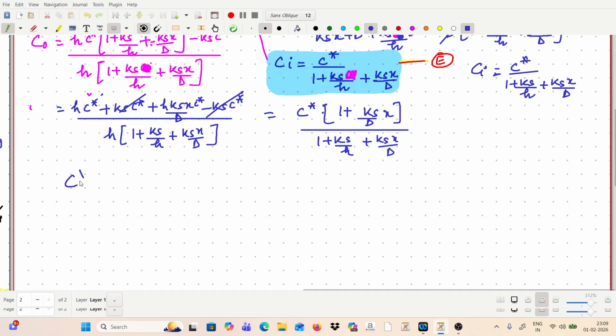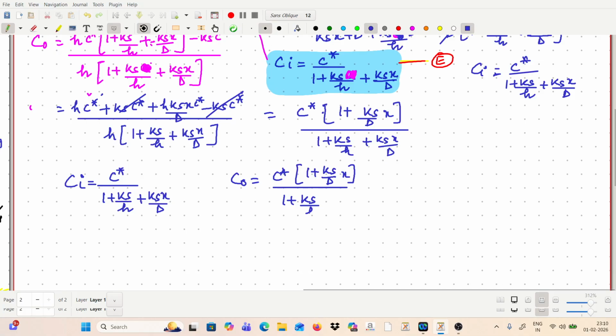Ci is C star upon 1 plus Ks by H plus Ks x by d, and C naught equals C star into 1 plus Ks by d into x upon 1 plus Ks by H plus Ks x by d.